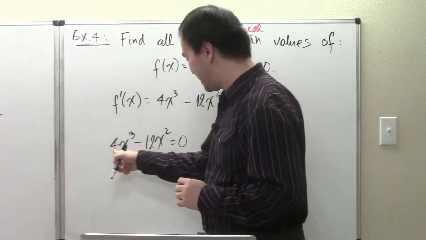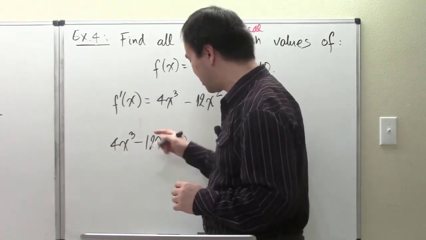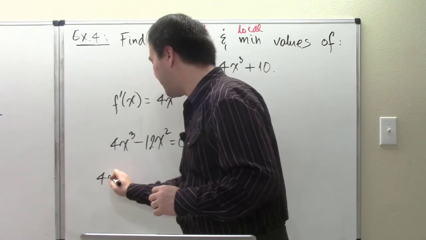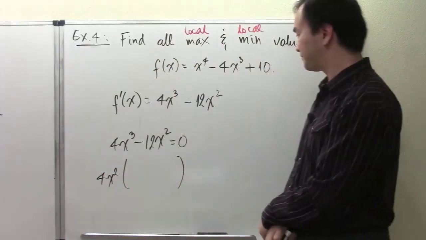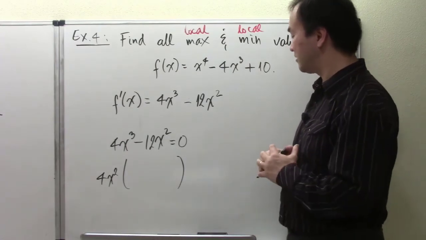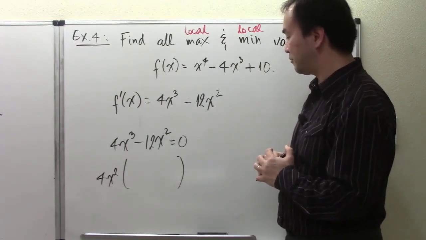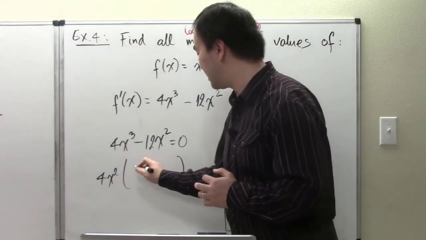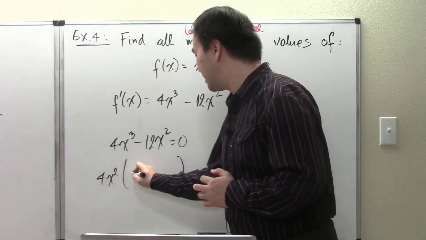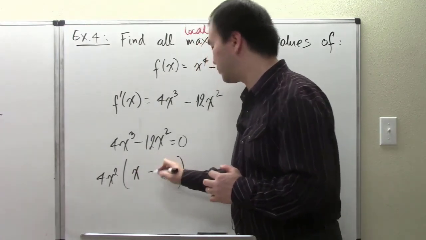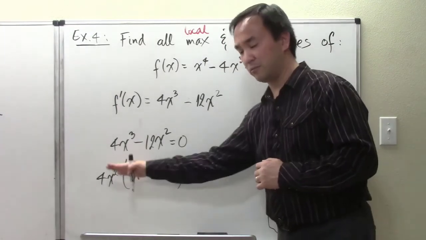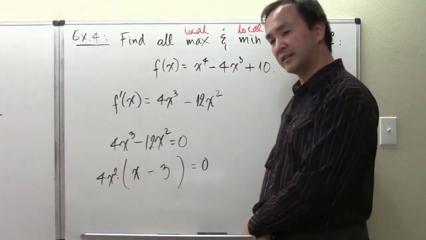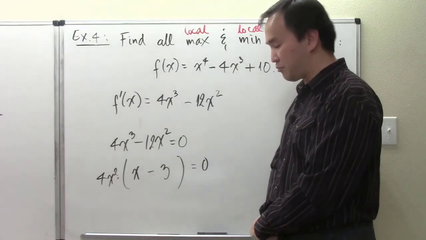I can quickly see that the common factor is 4x squared, so I can freely pull that out. 4x squared can be factored outside of the parentheses, and what I have left behind is simply x minus 3, equals 0. We now have completely factored our left-hand side of the equation into a product of two terms.